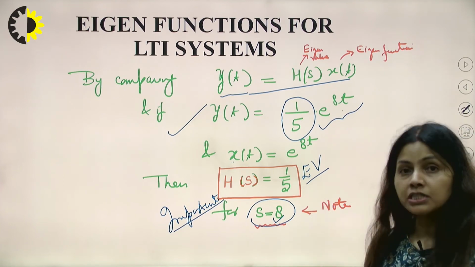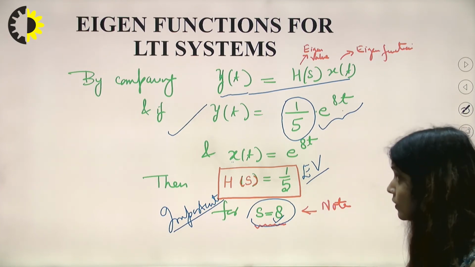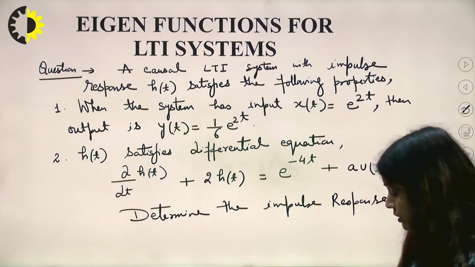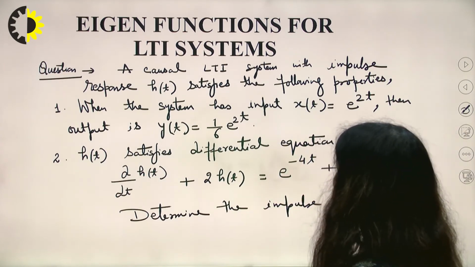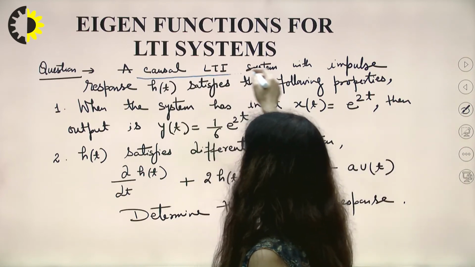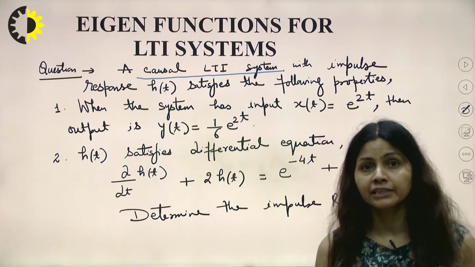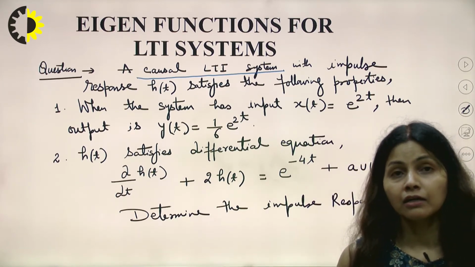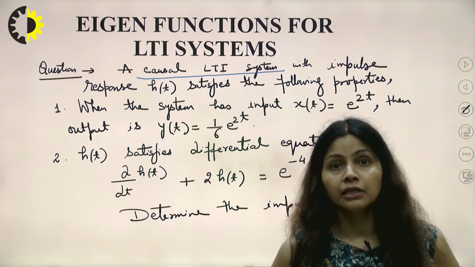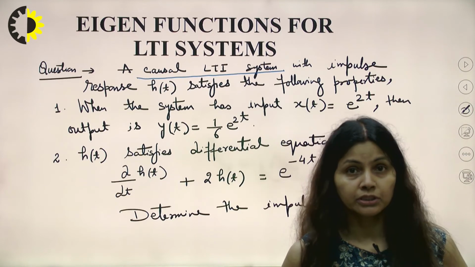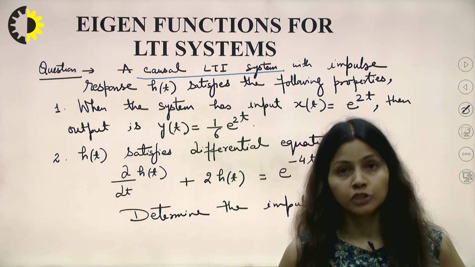By all these concepts we can have one numerical based on this. So here it is given one causal LTI system. A causal LTI system means wherever the output is a function of the present input as well as the past inputs, but not the future inputs.